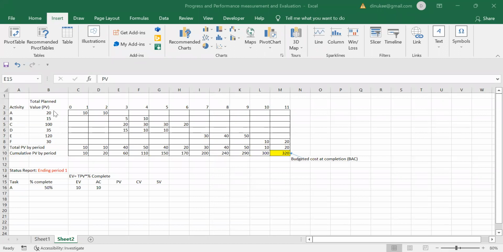This total planned value is given here, and how this planned value is going to occur is given in this table. According to this question, they are asking at the end of period 1, what is the planned value? The end of period 1 is this place for activity A. The planned value should be 10.